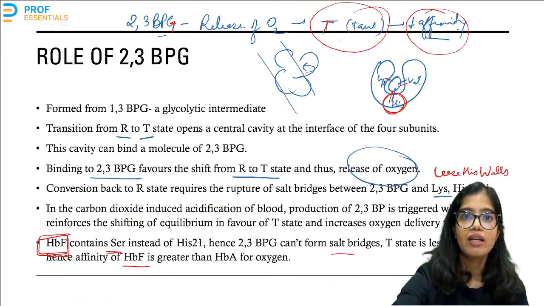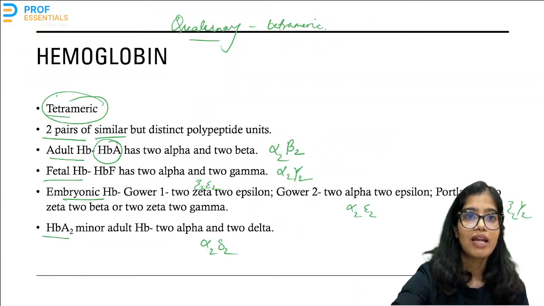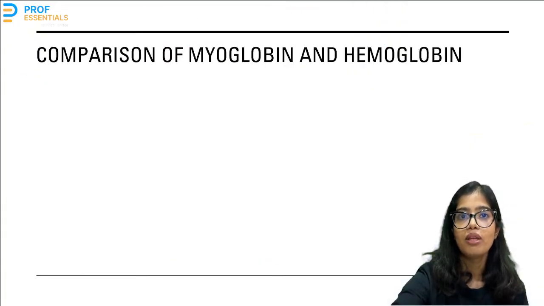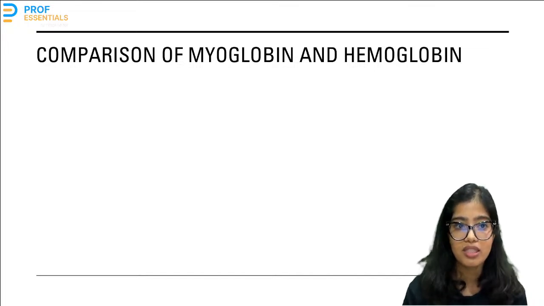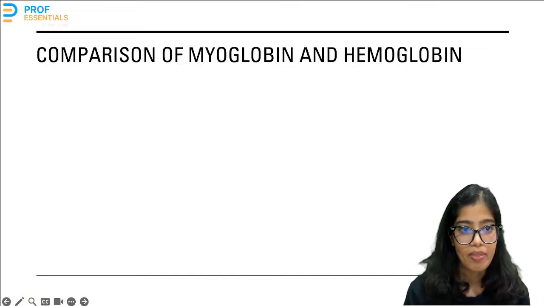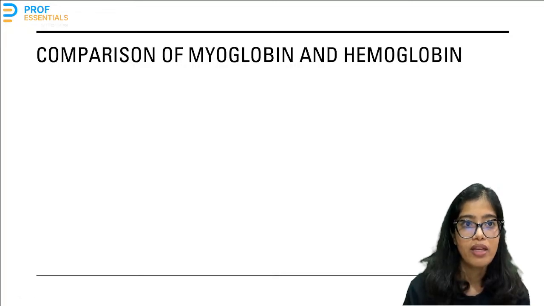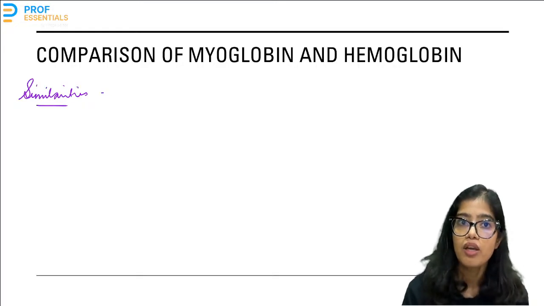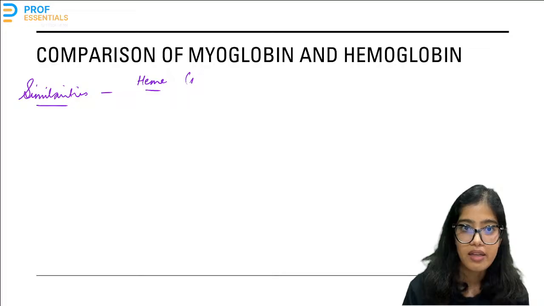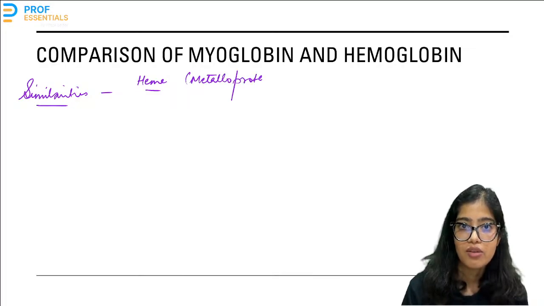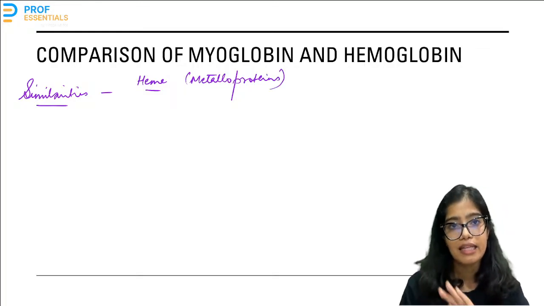Now let us quickly jot down points of similarities and differences between hemoglobin and myoglobin on the first slide. Now the points of similarities. What are the similarities between myoglobin and hemoglobin? Both contain a heme ring. Both are metalloproteins, with a ferrous core and a cyclic tetrapyrrole.